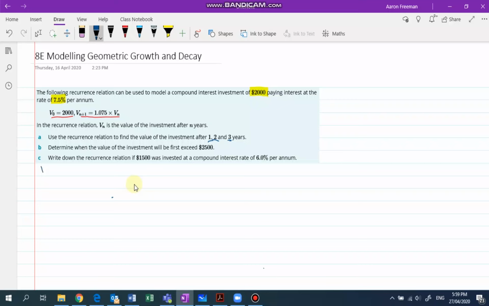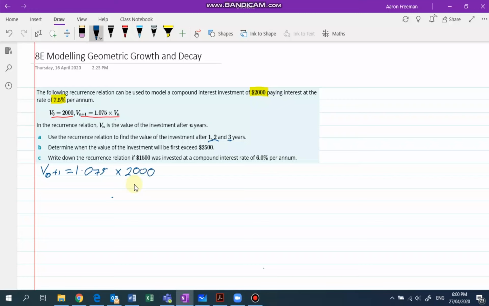So Vn plus 1. This is actually going to be V0, I'm going to change that. So we're going to find V1. So that's V0 plus 1. You'll see why that looks like that in a moment. And that's equal to 1.075 times 2,000.